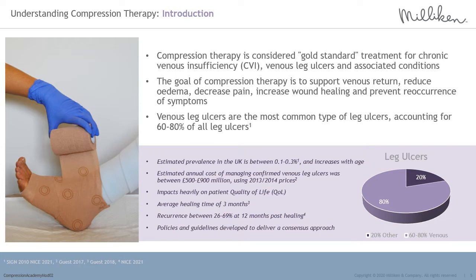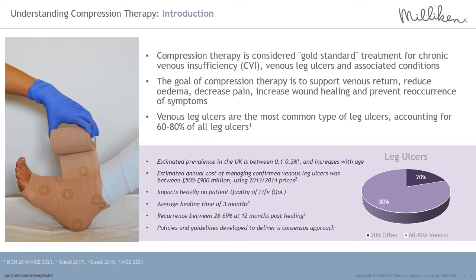The annual cost of managing confirmed venous leg ulcers in the United Kingdom is reported to be between £500 and £900 million. The United States of America estimate annual costs between $2.5 and $3.5 billion and are consistent with European estimates, with Germany reporting cost to treat at between €9,900 and €10,800.